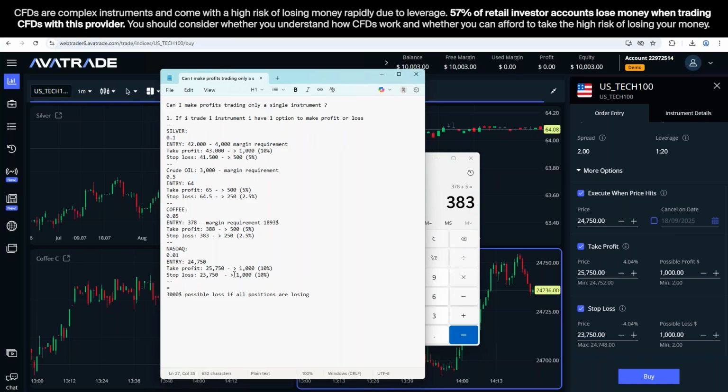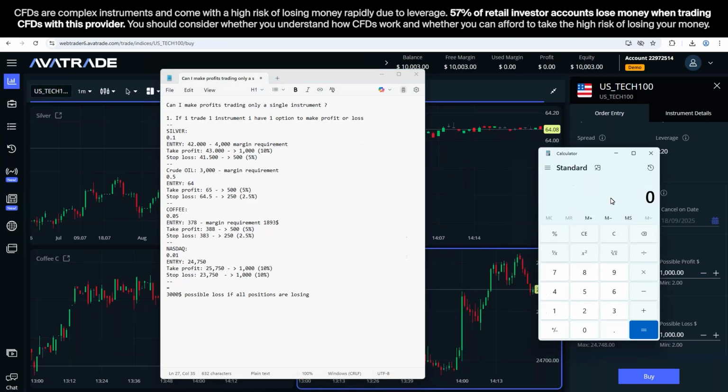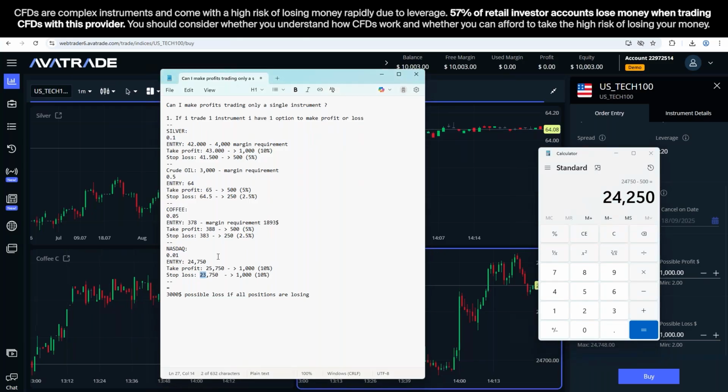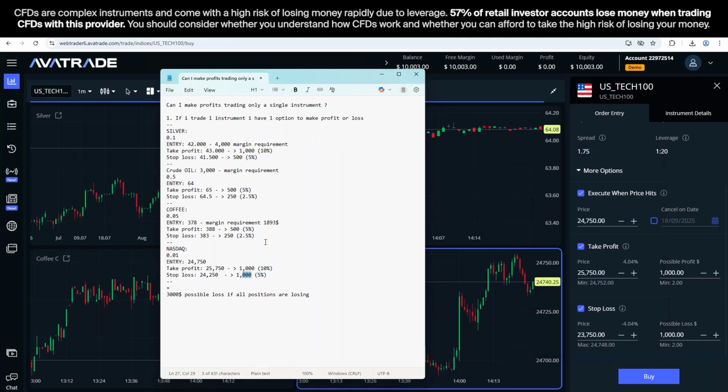Now, with NASDAQ, instead of having a $1,000 difference, we can have only 500. I'm going to show you one of these variations to see how it works, to make a comparison. Now, if we minus 500, it's 24,250. Now, this means 5 instead of 10.